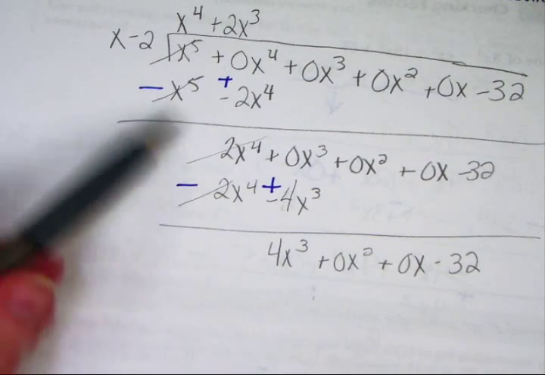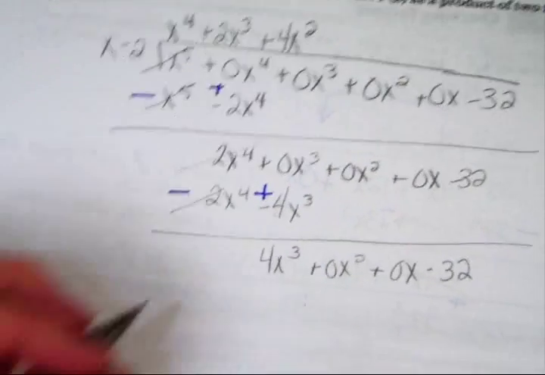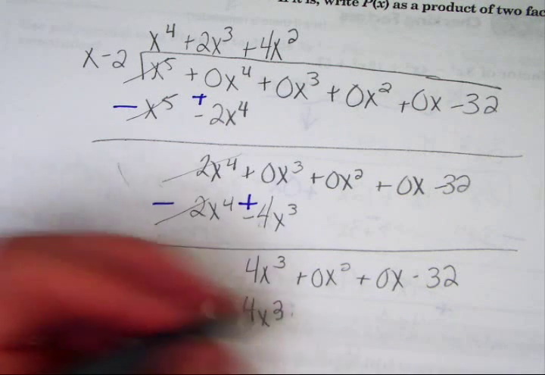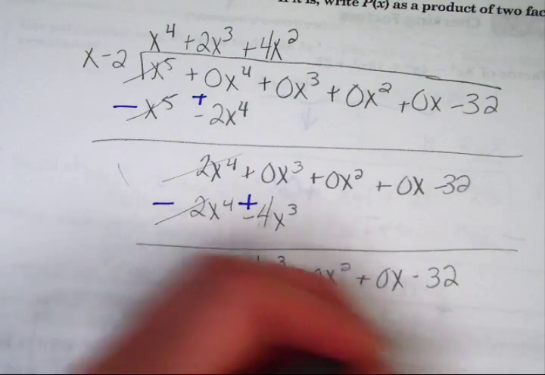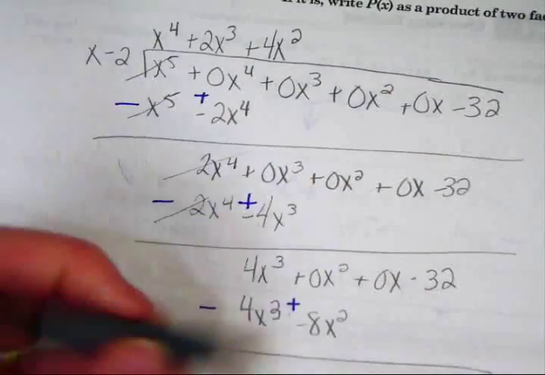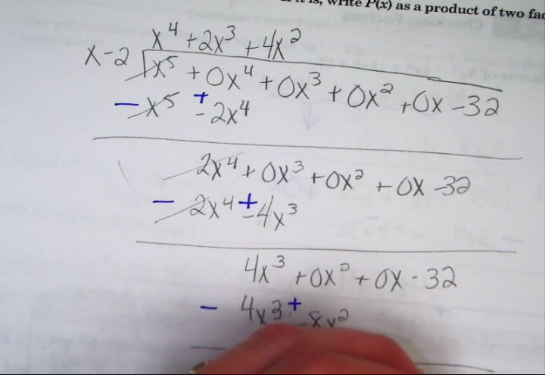X needs a 4 and an x squared to go into 4x cubed. Backwards distribute, 4x cubed minus 8x squared. Change your signs. You get 8x squared plus 0x minus 32.